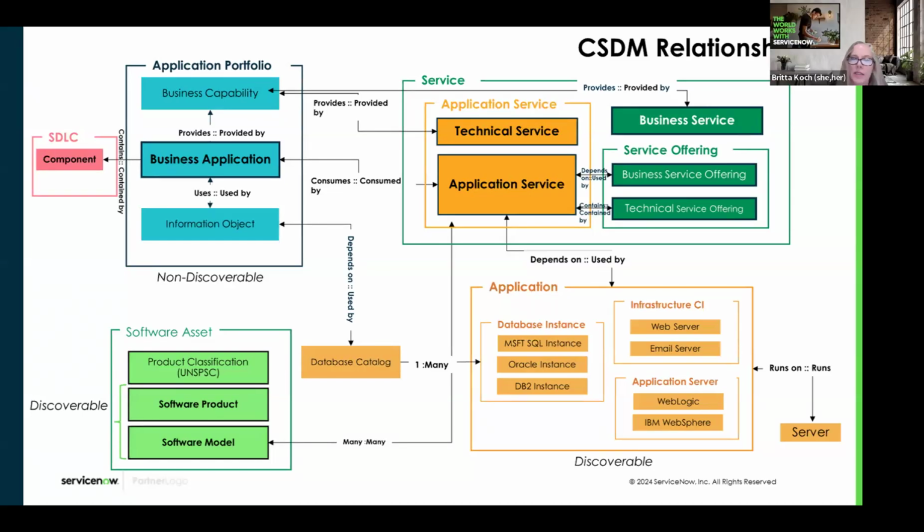And another good question that came up here is, what is the granularity of components that you recommend going to? I recommend that when you start a CSDM project, as I mentioned, start small, just one business service, and build your data model, the data model I just presented in the first slide.